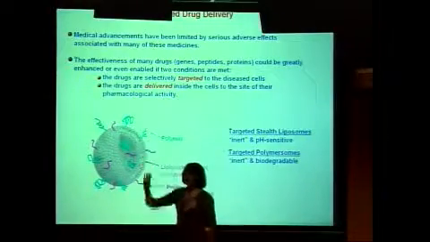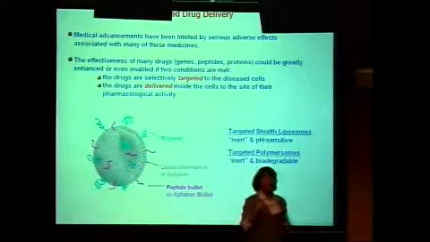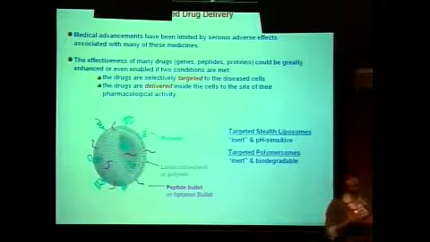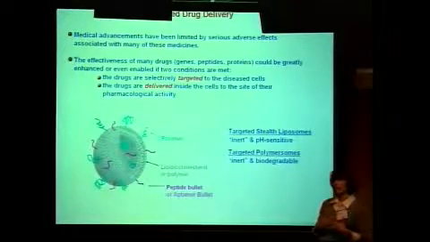How can I functionalize, or decorate, the surface of the nanoparticle so that it will do the right job? What do I need for that? I need two key components. The first one is the polymer, what I show you here. Why do I need the polymer? The polymer will give me a repulsion. We call this steric repulsion.